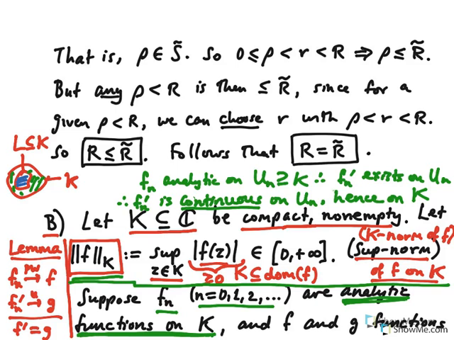How is that? Well, in complex analysis, we know that every analytic function is infinitely differentiable. If you have an analytic function on a region, this is a region, u sub n, and this is an analytic function on that region, then we know that the function f sub n will be infinitely differentiable on that region u sub n.